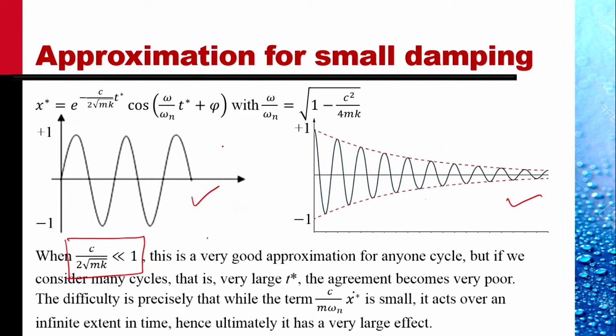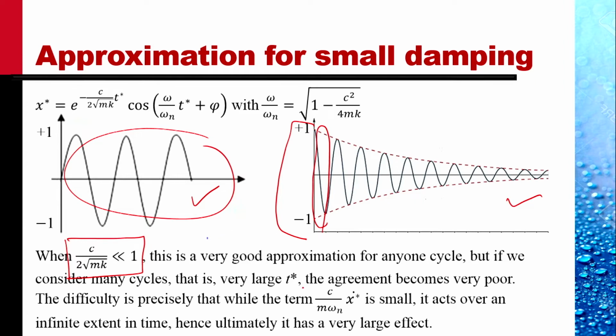Initially, this picture and this picture for very small time may be same, but for large times, the second picture is entirely different from the first picture. The difficulty is that though this is small, the viscous term is small, but now it is acting over a very large time.